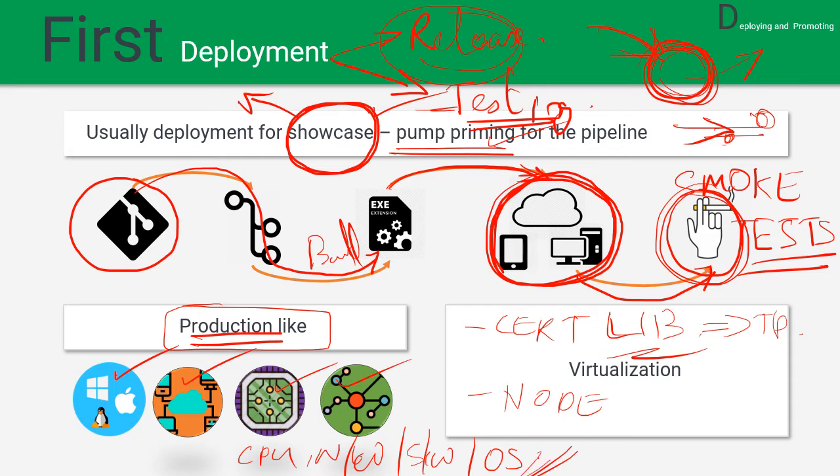Have a system that is as close to production as possible. There are certain things that you can virtualize. Virtualize essentially means emulating the presence of a hardware or a software, right? So you can virtualize things that you cannot acquire, right? Okay, so that's it about first deployment.